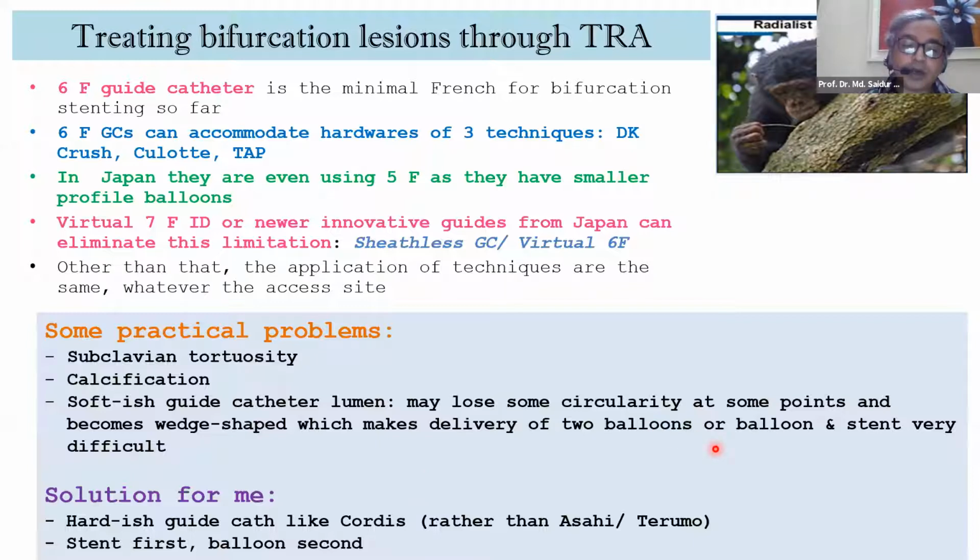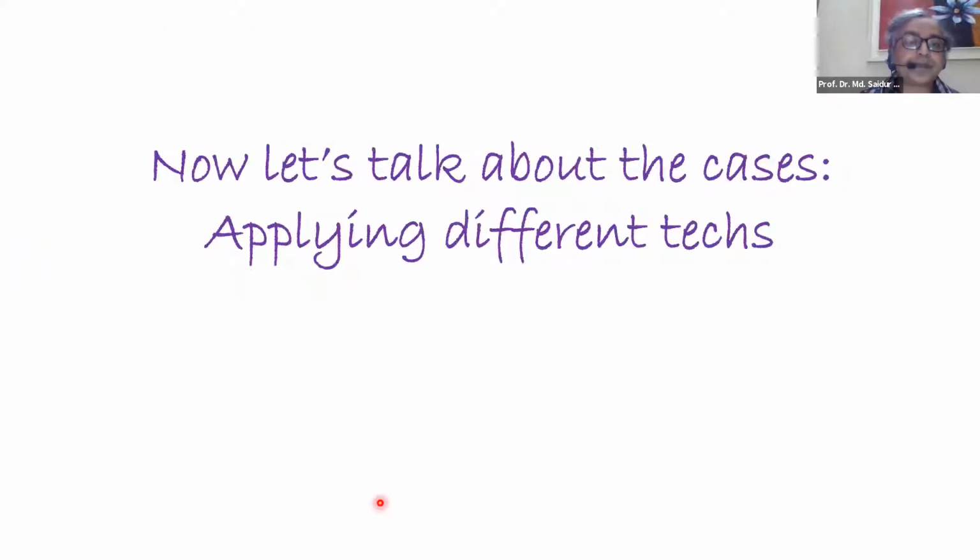We have to push a lot, and sometimes we become afraid that the stent will be dislodged. The solution I can suggest is to take a harder guide catheter, a bit harder than the Asahi. And I usually take the stent first and then the balloon second, so that the pushing effect is not more on the stent than on the balloon.